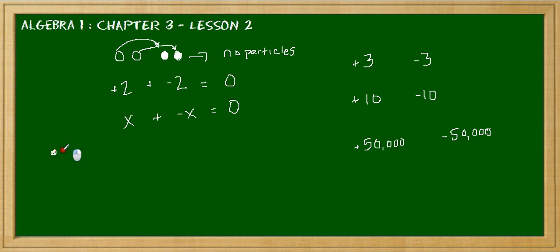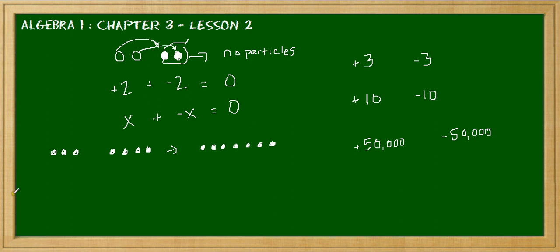Let's see. We have 1, 2, and 3. And then we have 1, 2, 3, and 4. So these are like the one we did up here, the antiparticle, right? So what happens when we add those together? Well, that would yield how many? We would have 1, 2, 3, 4, 5, 6, 7. So the illustration is showing us antiparticles.